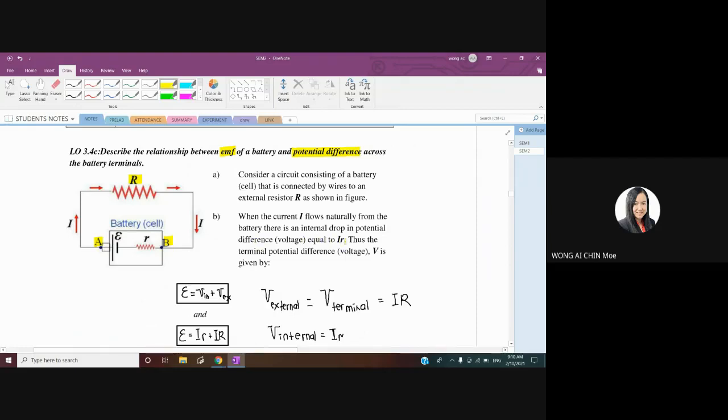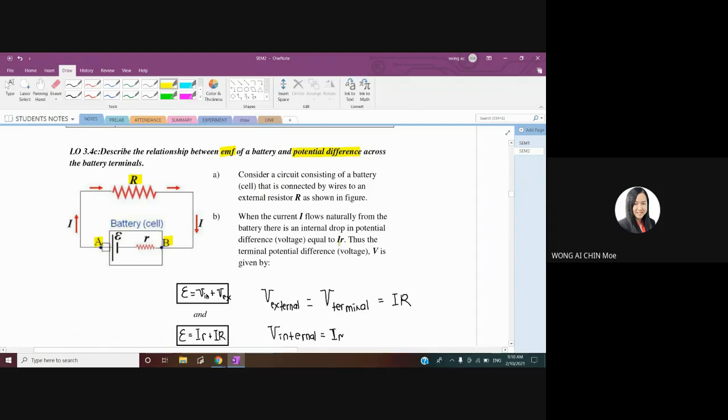When the current I flows from the battery, there is an internal drop in potential difference equal to Ir. Previously what we learned is the battery without an internal resistor. Starting from this topic, you need to consider whether there is an internal resistor inside the battery.